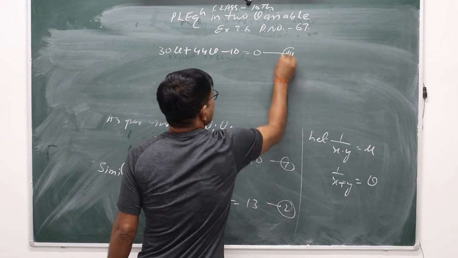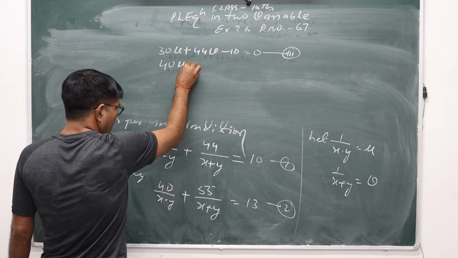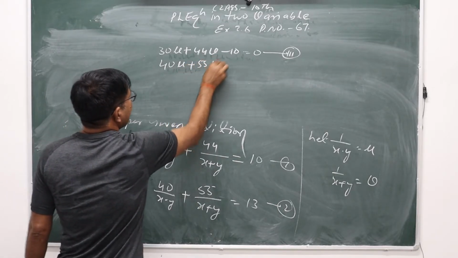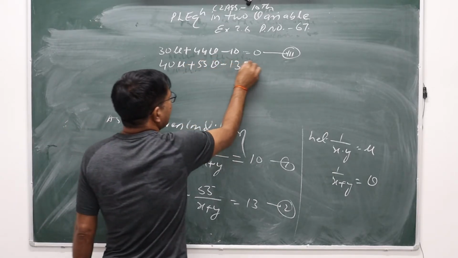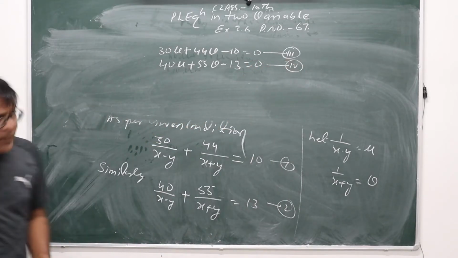Let this be equation number 3, and 40u plus 55v minus 13 equals 0. Let this be equation number 4.